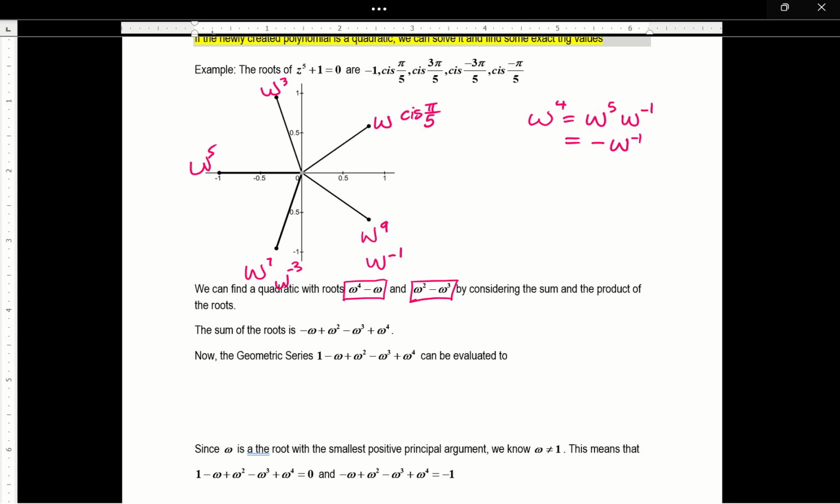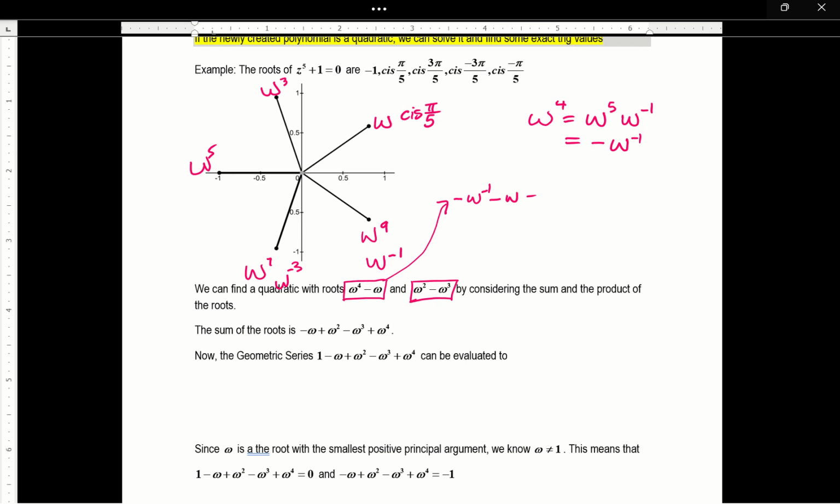W4 is actually minus one of the roots that we know. Can you see that, if we look at it a bit better, that's actually minus of W minus 1 and minus of W, right?